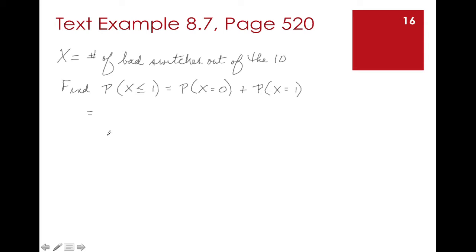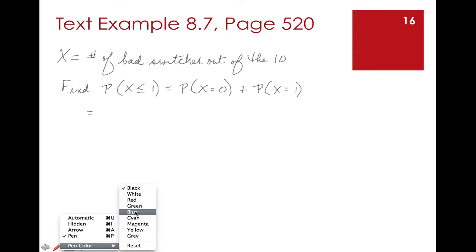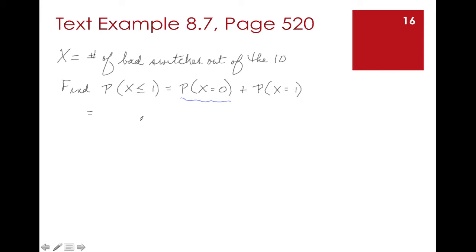So maybe I'll color code these for you. Let's do this one first in blue. Out of the 10 switches, we want none of them to fail. Probability of success. Now remember, a success is getting a bad switch in this case. Little p was given to be 0.1.